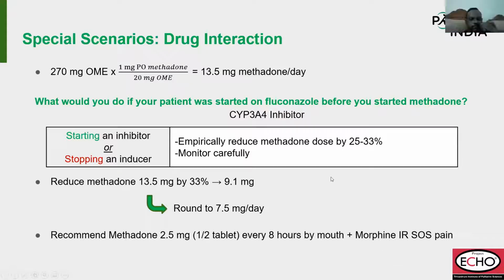So Theo, another question from this would be, the patient is on fluconazole and you have reduced the dose of methadone. Suppose the treating team want to stop fluconazole, and then how do you go?